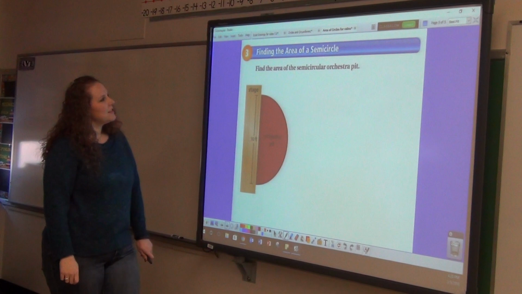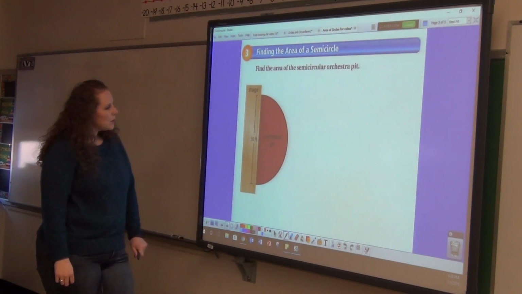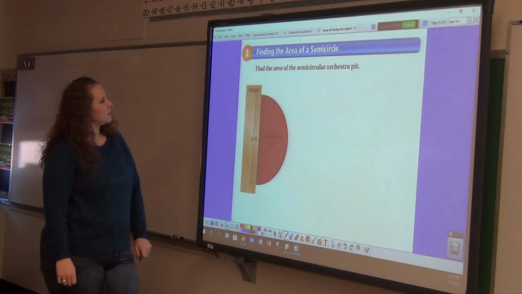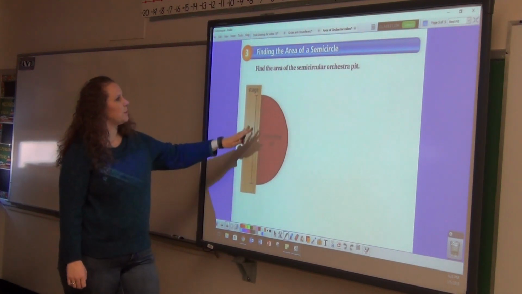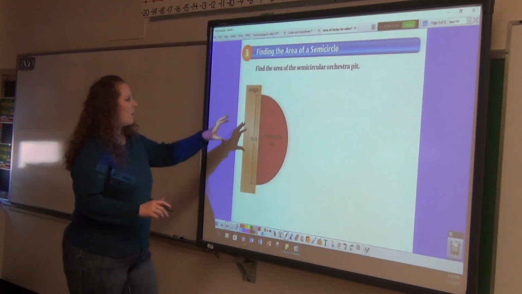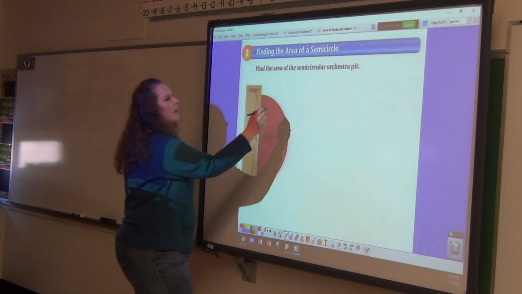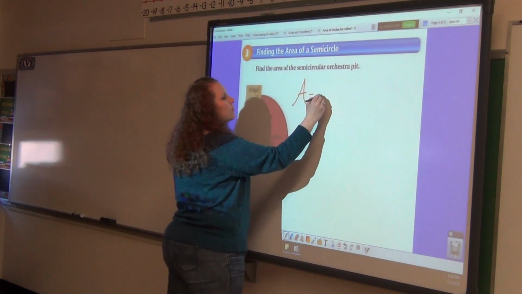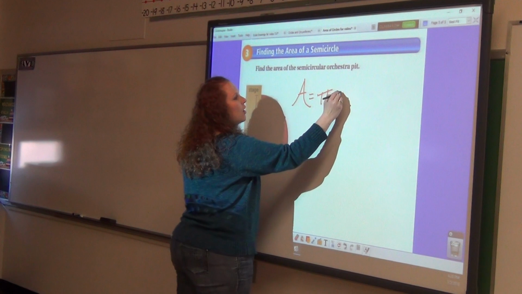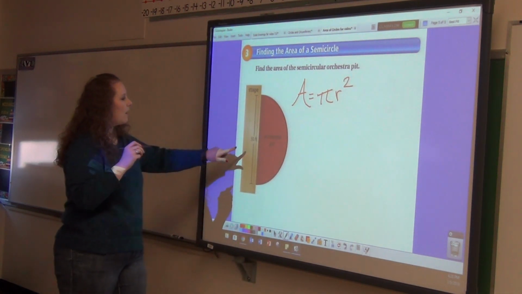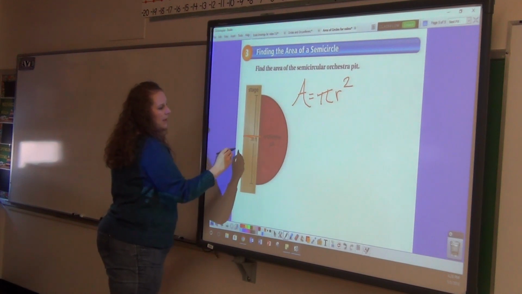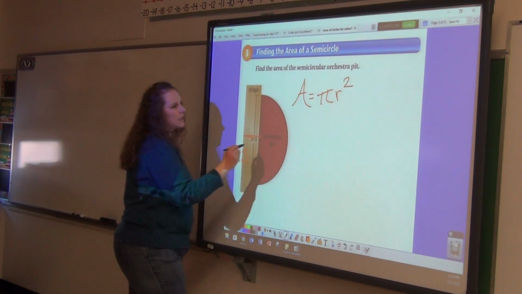All right, find the area of the semicircle and the orchestra pit together. So, we're not doing the stage, just the orchestra pit here. We know that our diameter is 30 and area equals pi r squared, right? So I know that r is half of this and half of 30 is 15.